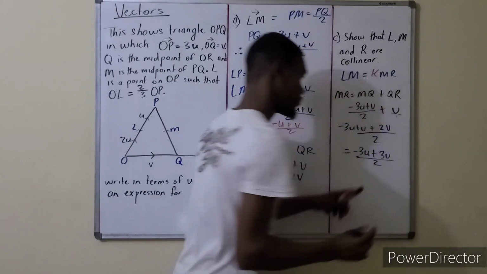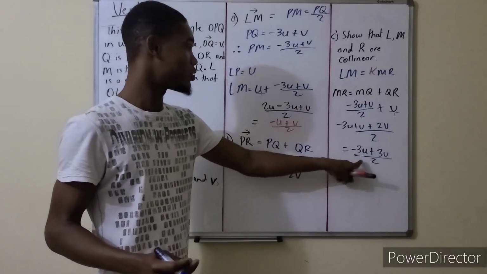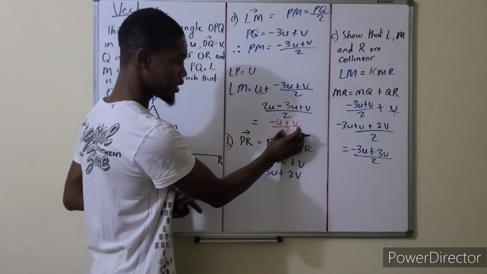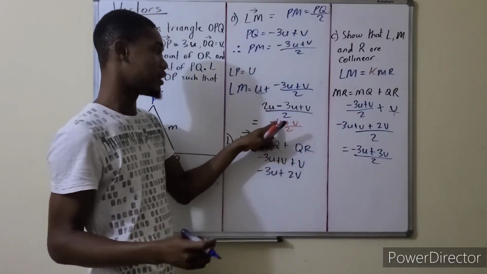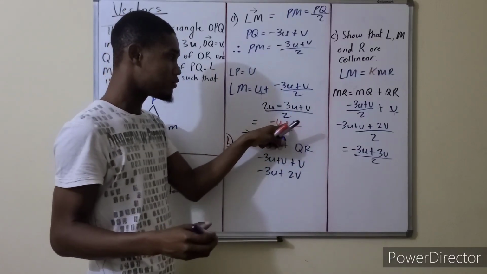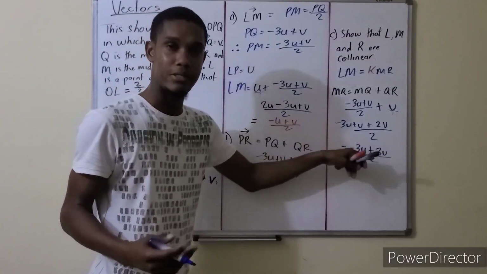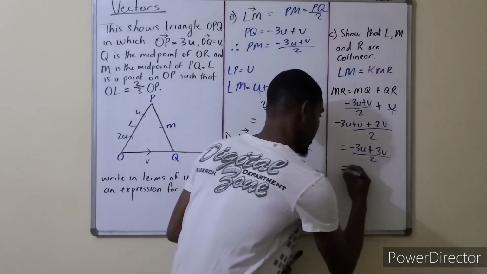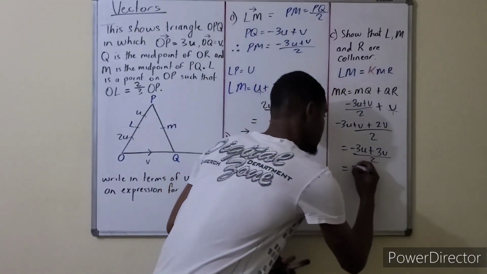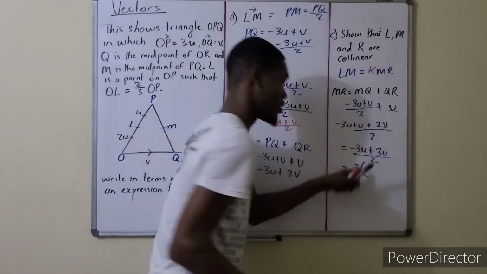All over 2. So let's factorize this, because if we take it as it is, it's not looking too close to negative U plus V over 2, since you're seeing 3's in that. So we take the 3 outside because it's common.